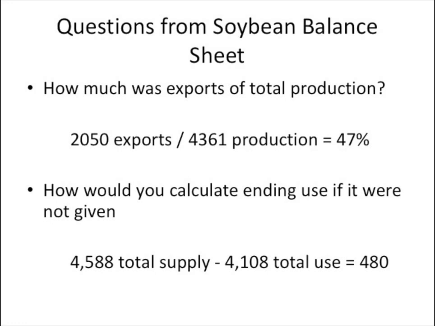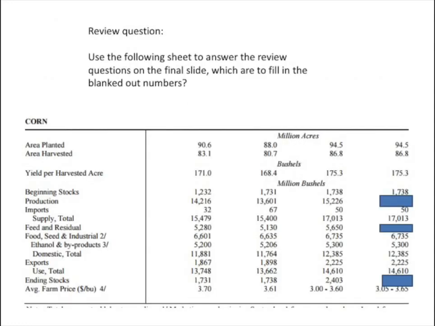That's a large number and has a large impact on the price of soybeans. And how would you calculate ending stocks if it were not given? You would take total supply and subtract total uses.